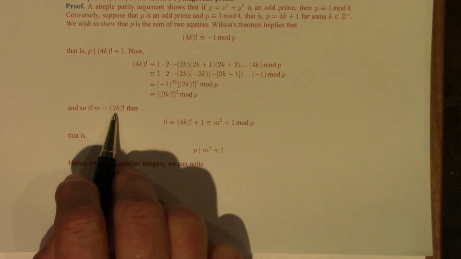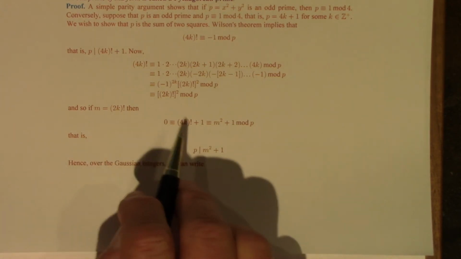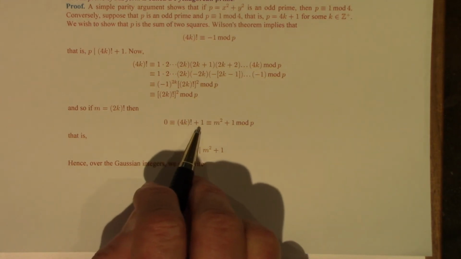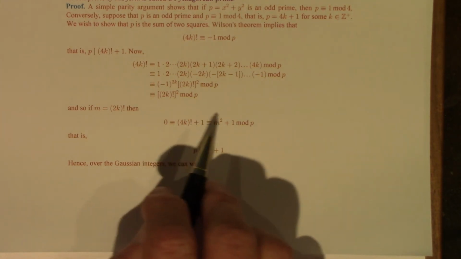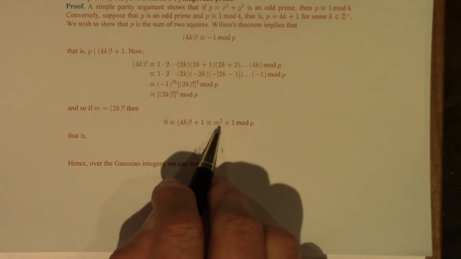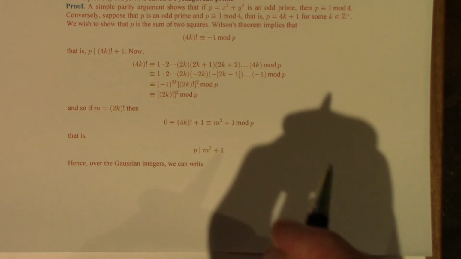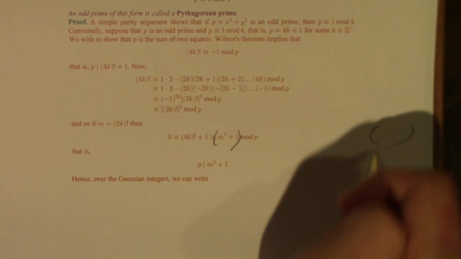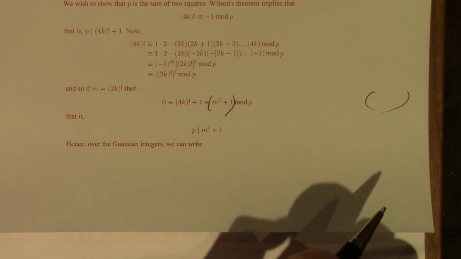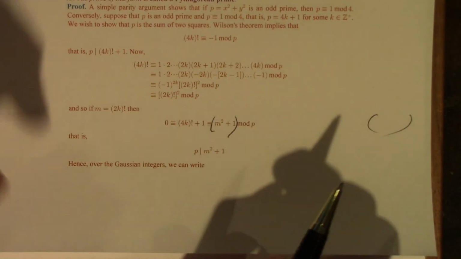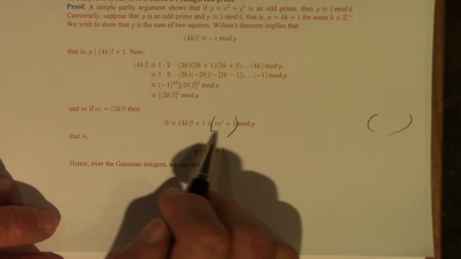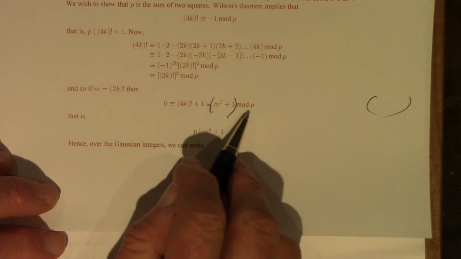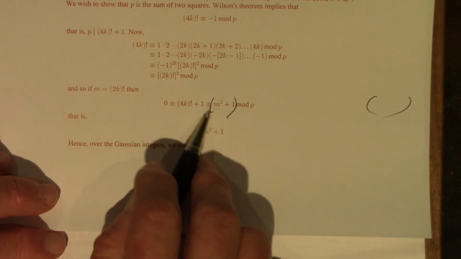So if I call (2k)! m, then 0 is congruent to (4k)! plus 1, which is congruent to m squared plus 1 mod p. I probably should have parentheses around here. Okay. Well, that means, another way to say it, p divides m squared plus 1.